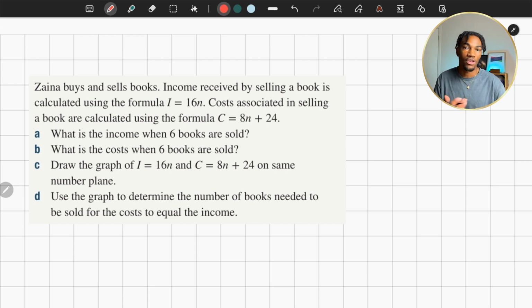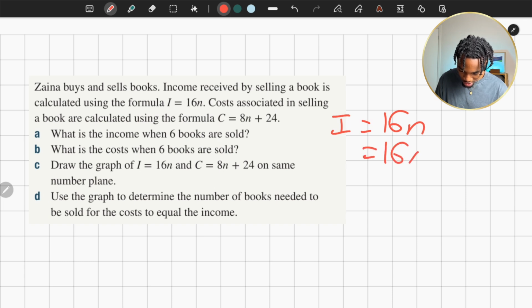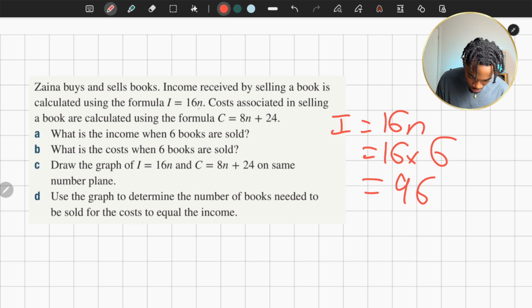So it's just piecing everything together. Use common sense. Income when 6 books are sold equals 16 times 6, which equals 96, and this is because the number of books is n.